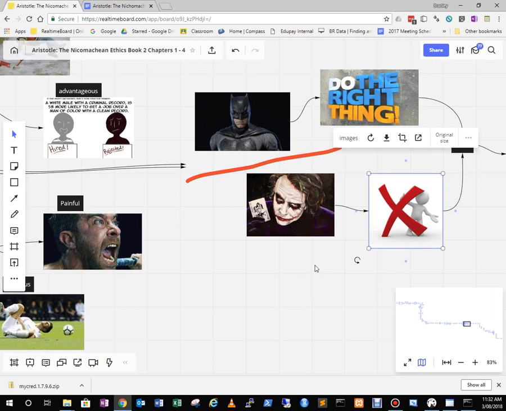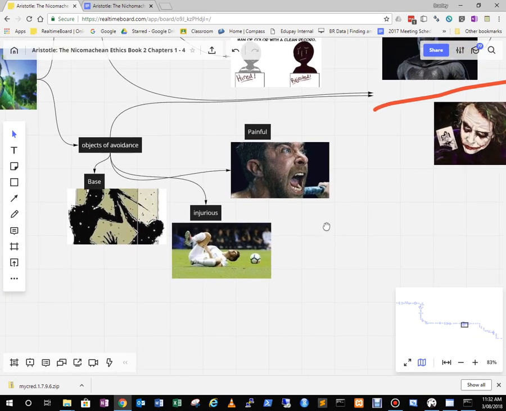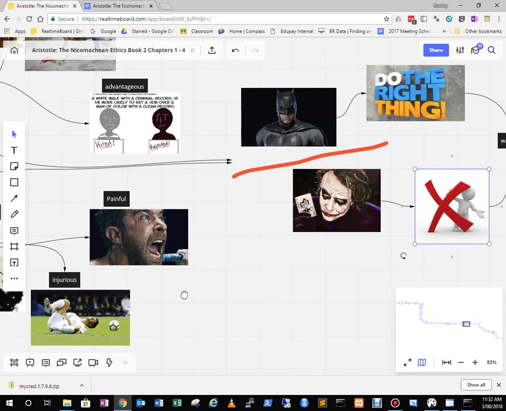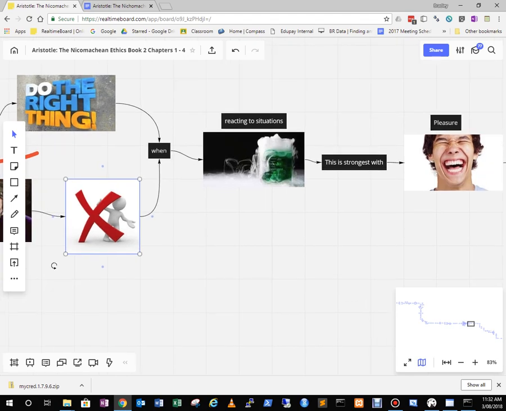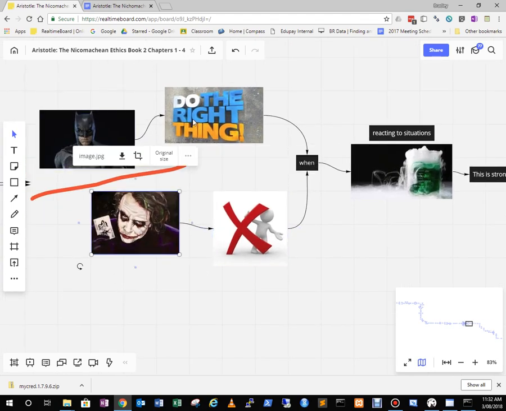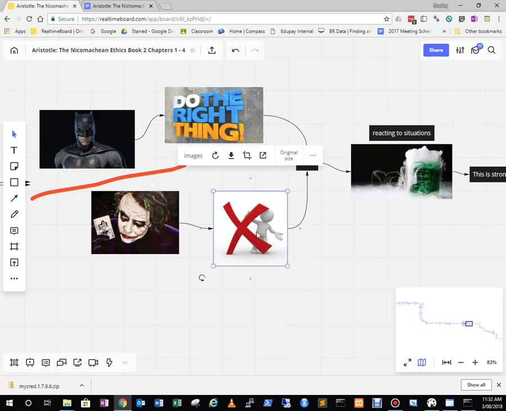He'll pursue pleasure, even if it means doing the wrong thing, and he'll avoid pain, even if it means doing the wrong thing. Which goes against the function of the human being, because reason would imply that you do the right thing no matter what, even if it is painful. Okay? And remember, the application of reason to moral life is virtue, according to Aristotle.